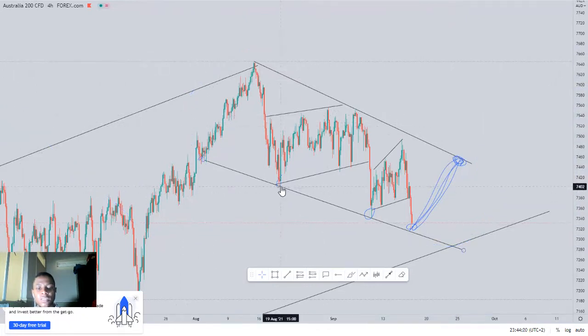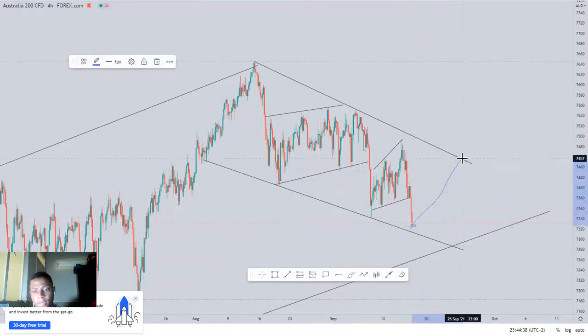So you look at the nature of current price action so that you may be able to anticipate future moves.